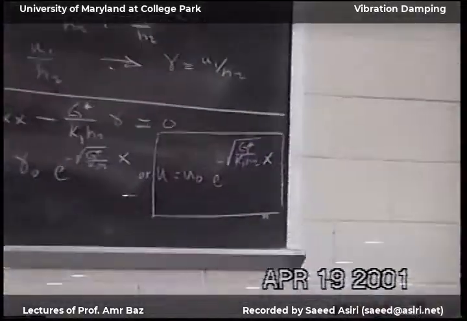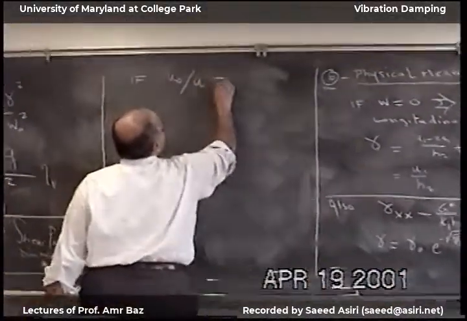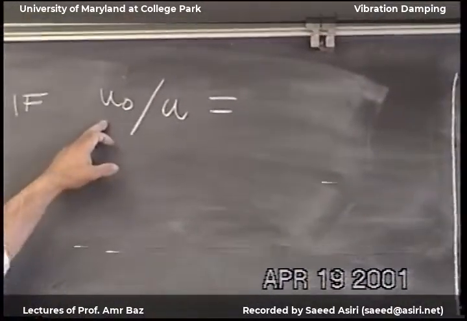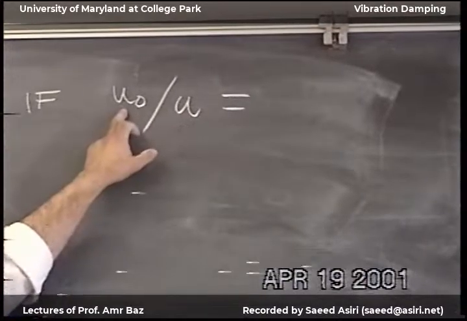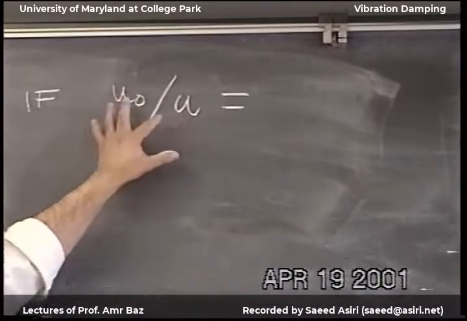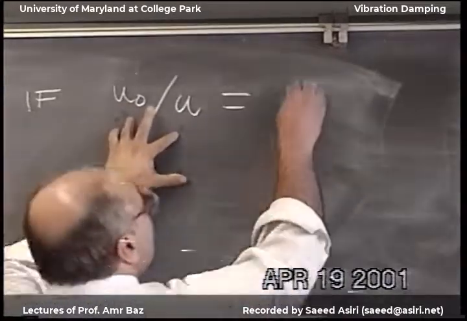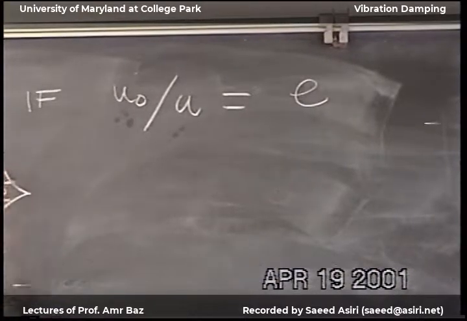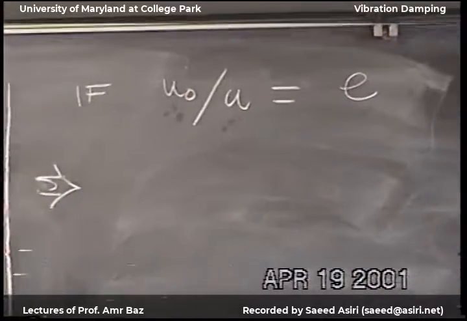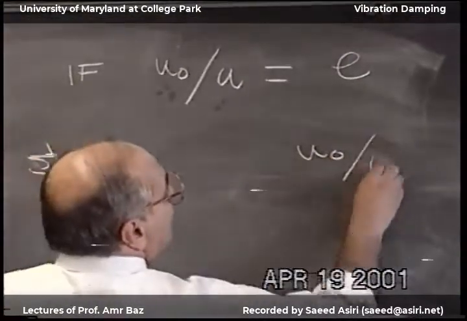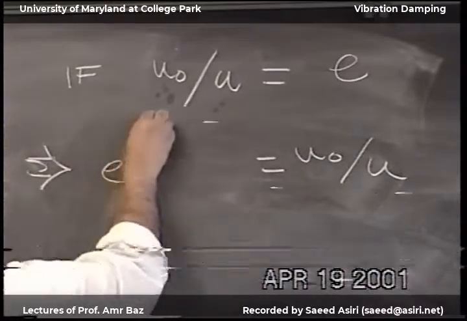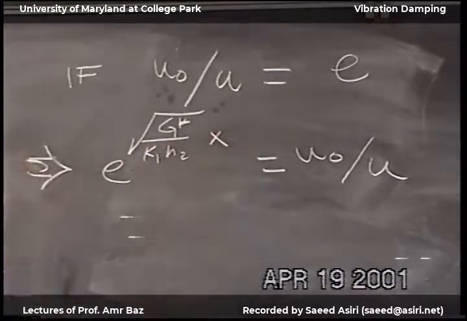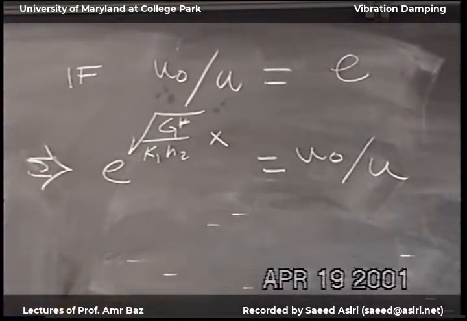Now U0 over U: initially I have a large U, which is U0, and it becomes U. I will say if this ratio is equal to the exponential E, then this equation becomes U0 over U equal to the exponential of the square root of G asterisk over K1 H2 times X. I flipped this equation.